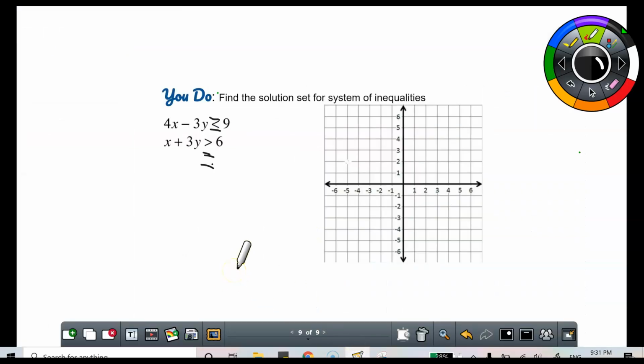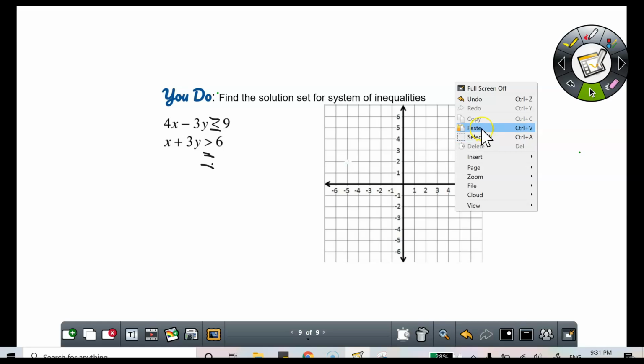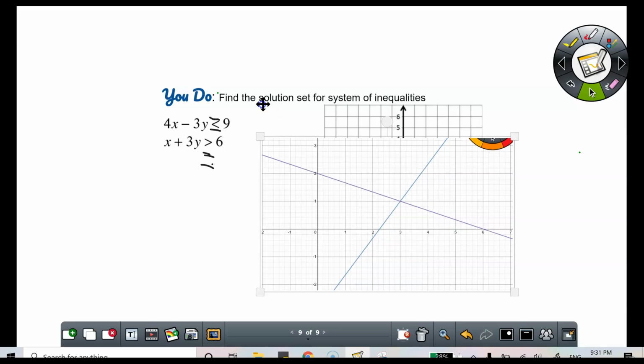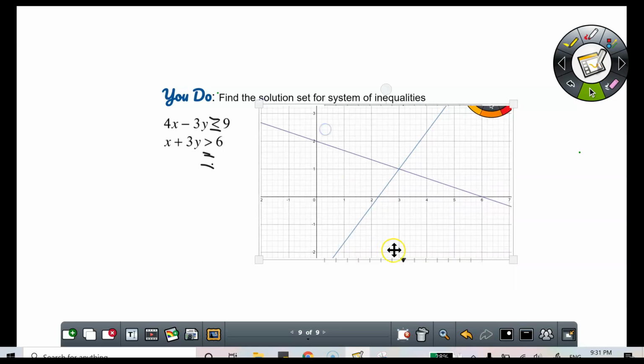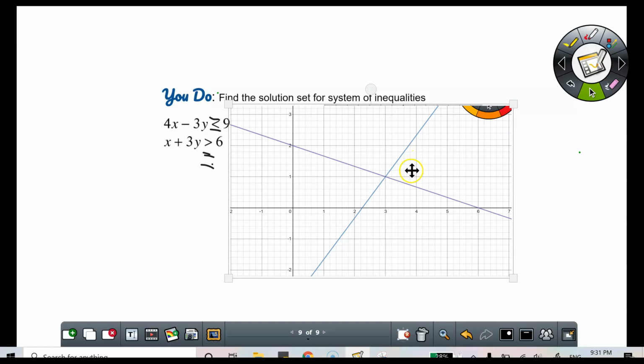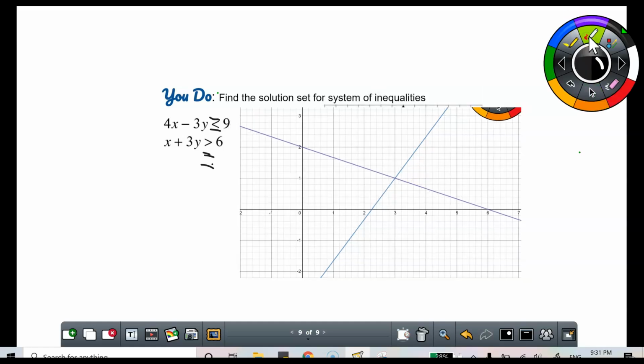So finish graphing the 2 lines. Okay. And now let's do the shading here. So this is the first line, if I remember it clearly, right? This is the second one.